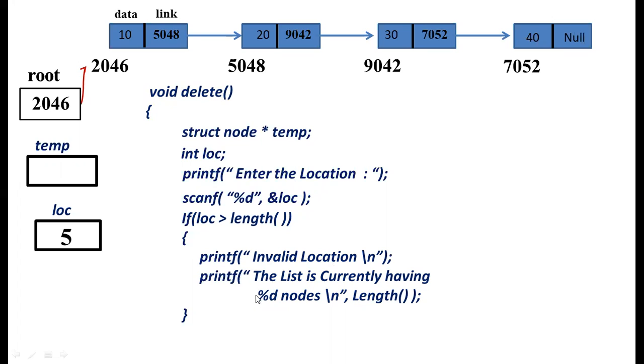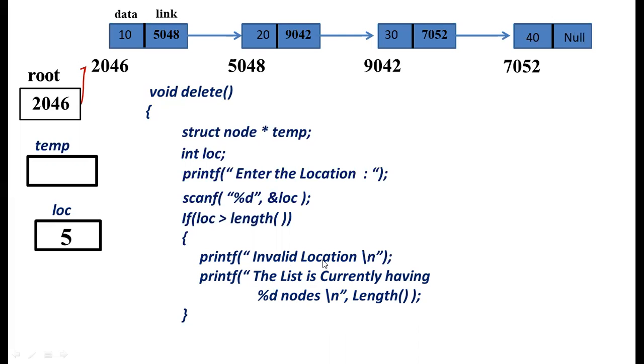At this %d, we directly print the value using the length method, which returns 4. So it will display the list is currently having 4 nodes. Since the list has only 4 nodes and you are trying to delete the 5th node, it prints invalid location.